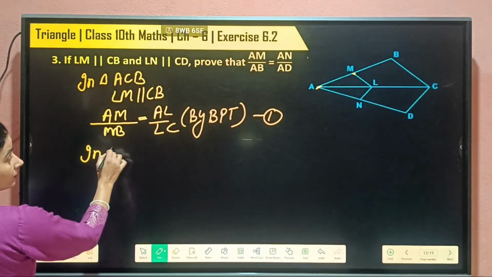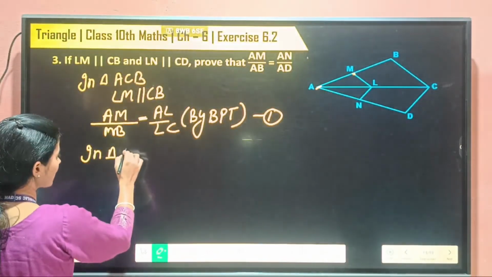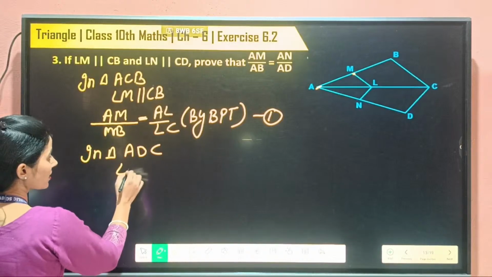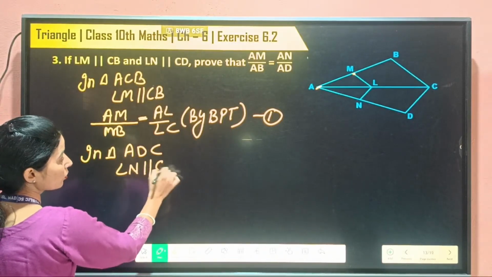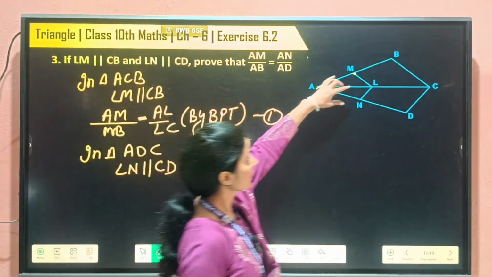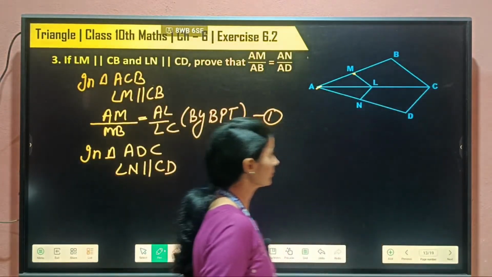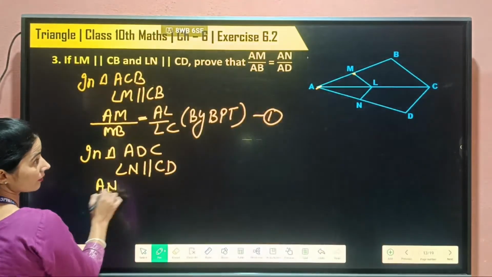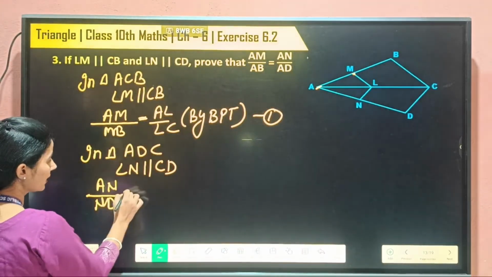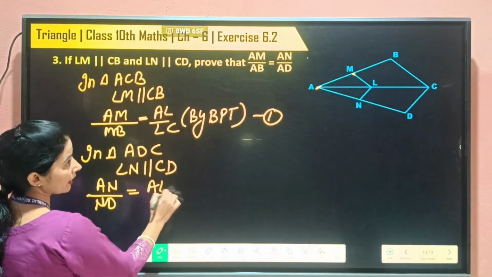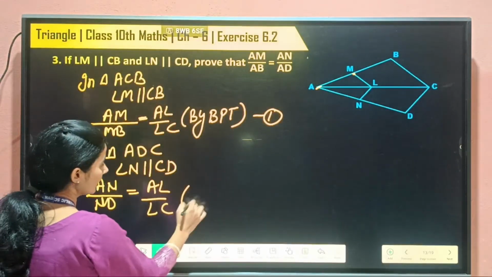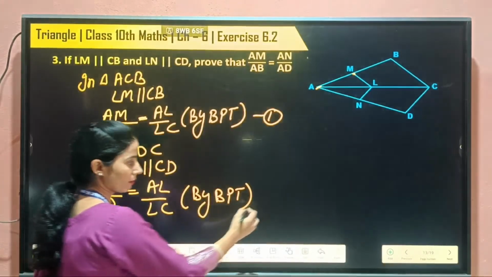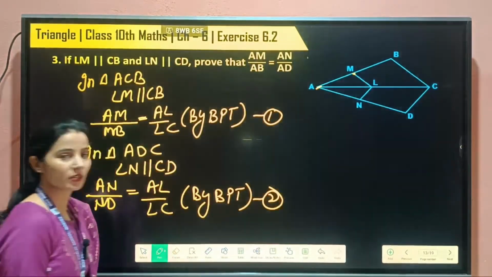Now second. In triangle ADC, this time I will consider triangle ADC. In this triangle, LN is parallel to CD. Then corresponding sides ratio I can write AN by ND equals AL by LC. This is also by BPT theorem. This is equation number 2.